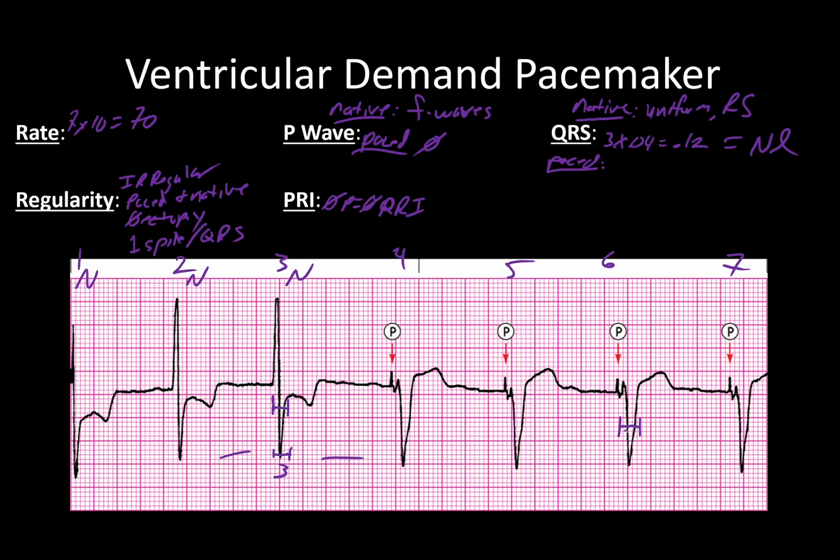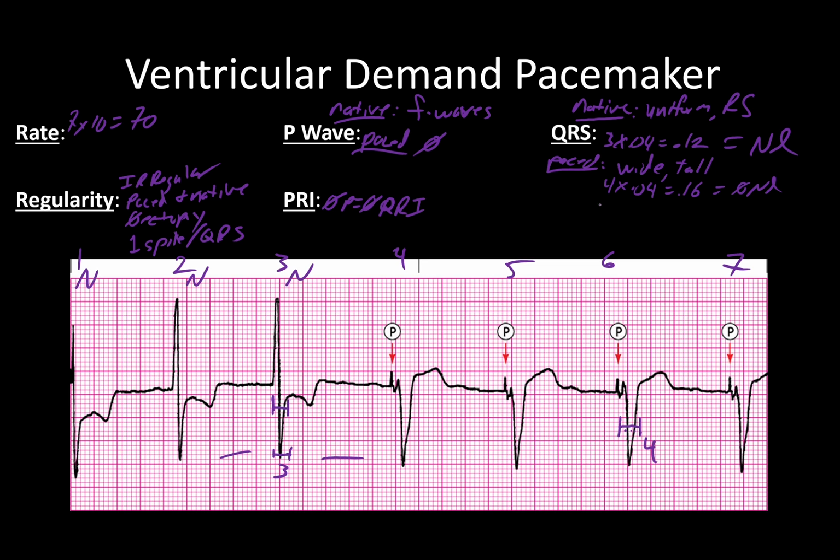Got 1, 2, 3, 4. 4 small boxes. So they're wide, they're tall. 4 times 0.04 equals 0.16, which is not normal. In fact, it's wide like we'd mentioned.